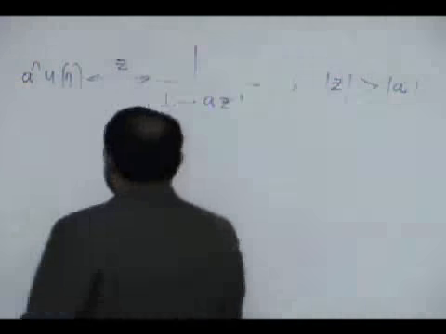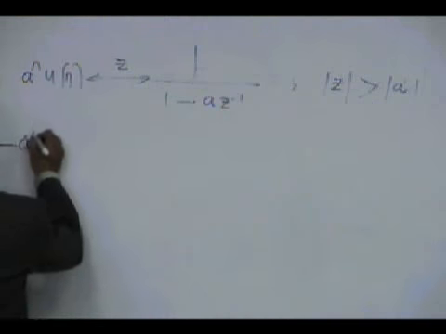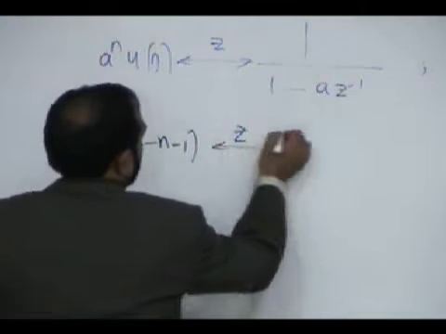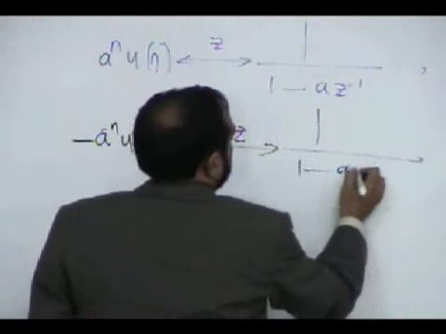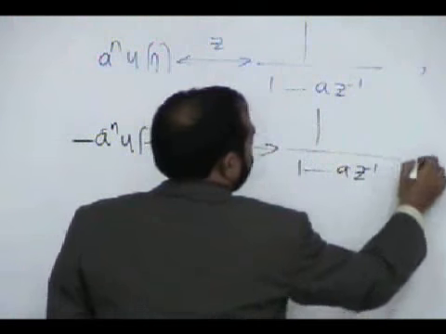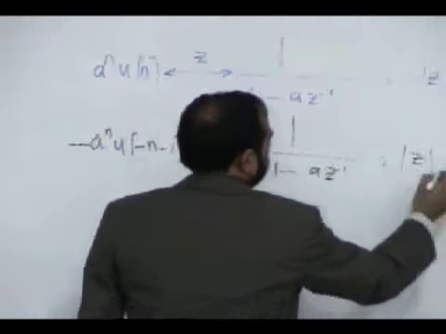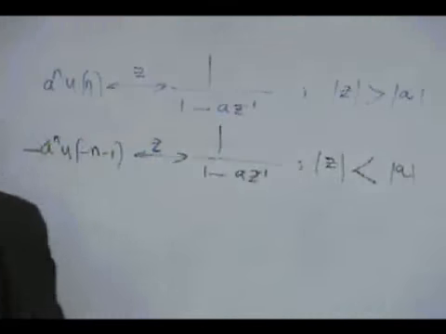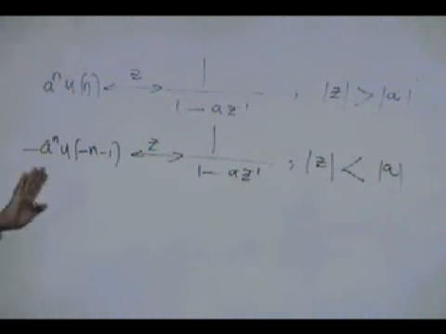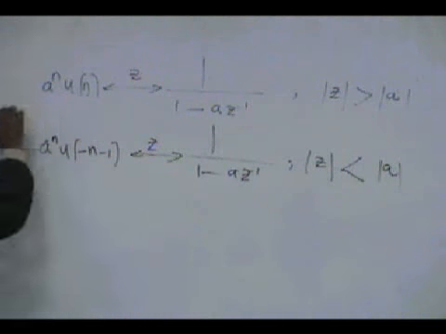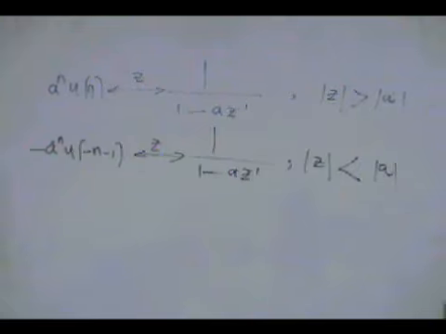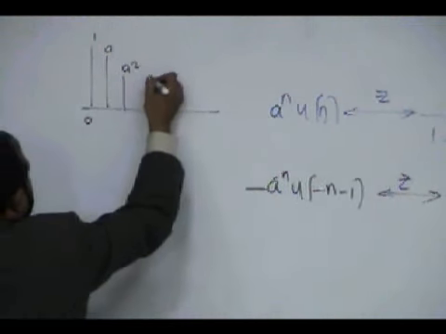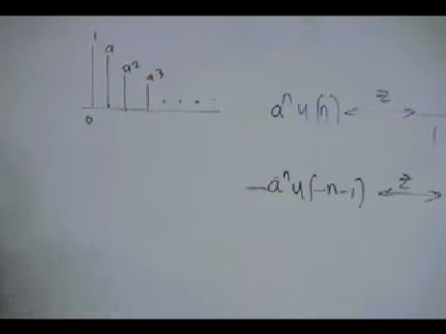Then if you compute the z transform of minus a to the n, u of minus n minus 1, it turns out to be the same. The only difference is in the region of convergence: the magnitude of z is less than the magnitude of a. Now this is a right hand side sequence. If you plot it, if it converges, it is this sequence: 1, a, a square, a cube, and it goes like this.